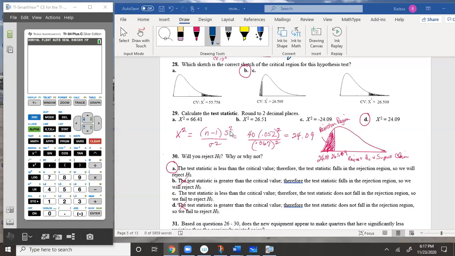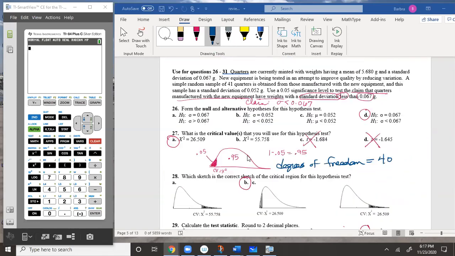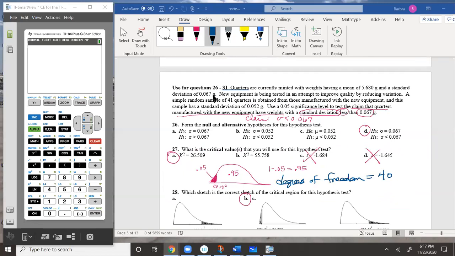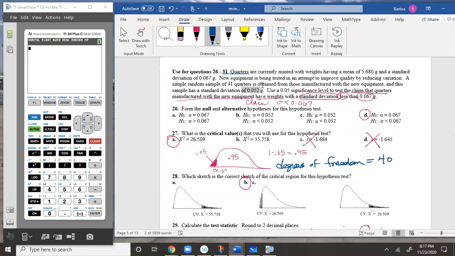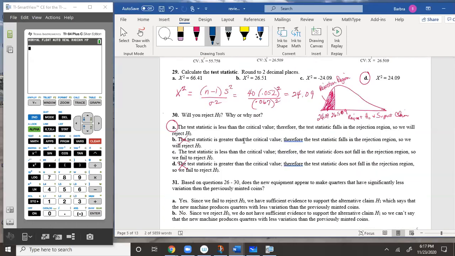Okay, so I'm going to write it down again. Chi-squared equals (n minus 1) times s squared over sigma squared. The degrees of freedom, that's n minus 1, is 40. The sample standard deviation is up here, and it's 0.052.